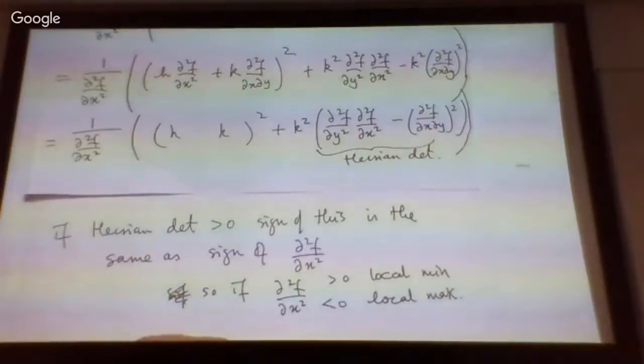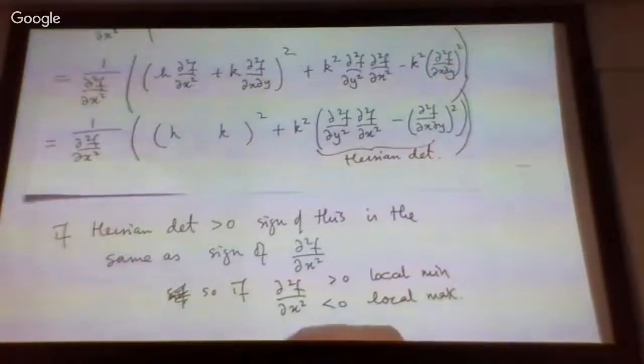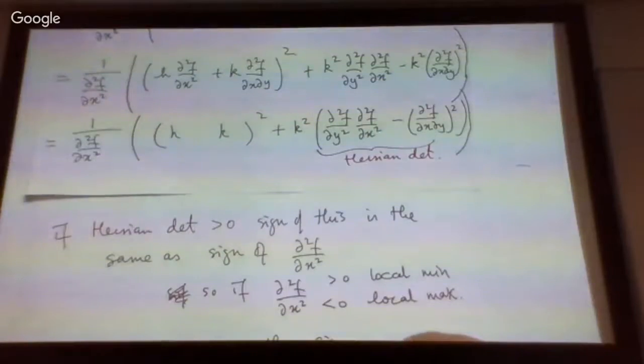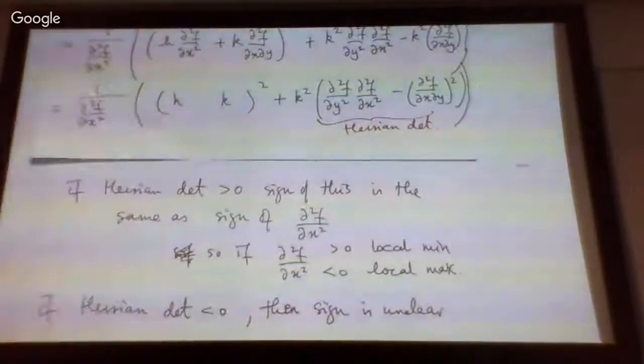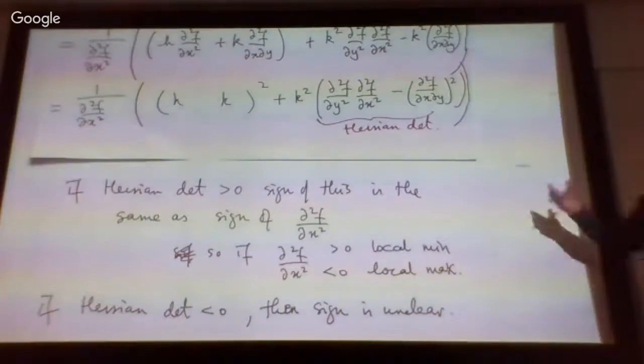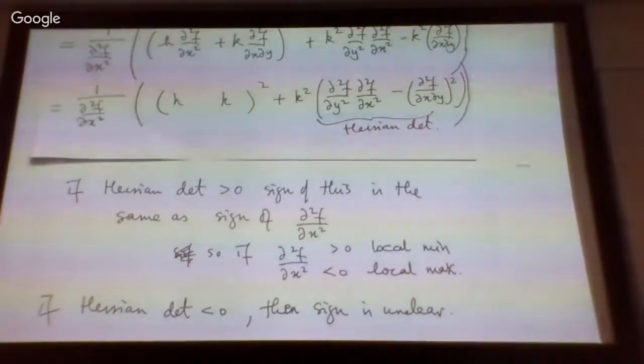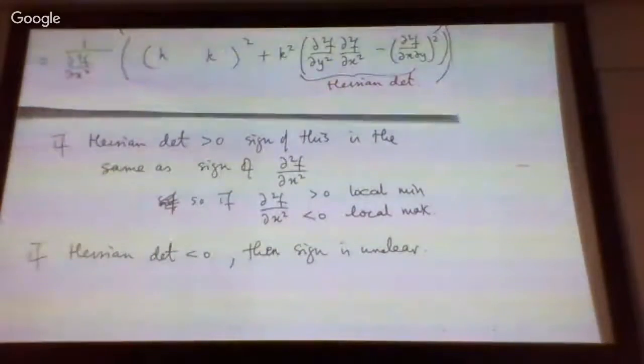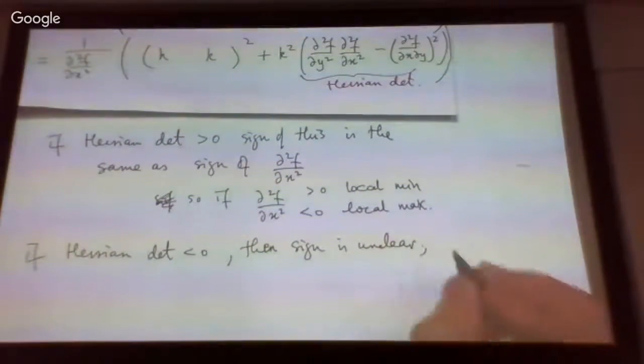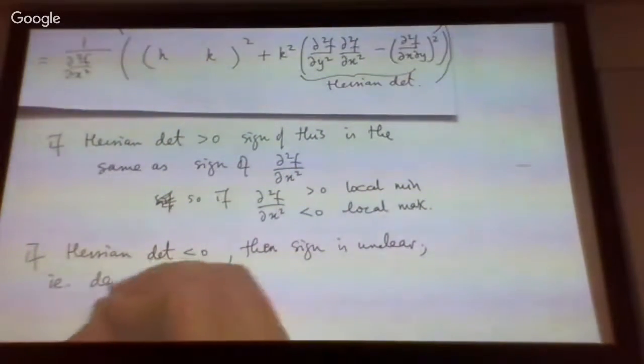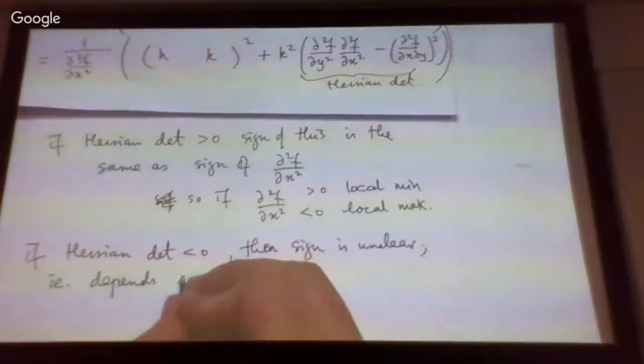So if, on the other hand, the Hessian determinant is less than 0, then the sign is unclear. In other words, it depends on h and k. For some values of h and k, it will be positive. For other values, negative. And the sign is unclear, i.e., it depends on h and k.